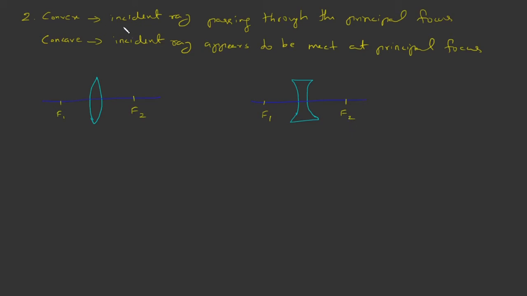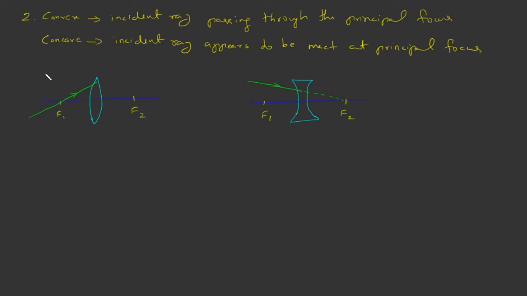For a convex lens, we are going to consider the incident ray passing through the principal focus. So the ray is such that it passes through the principal focus. But for a concave lens, the incident ray appears to meet at the principal focus. The ray is such that it appears to meet at the principal focus.